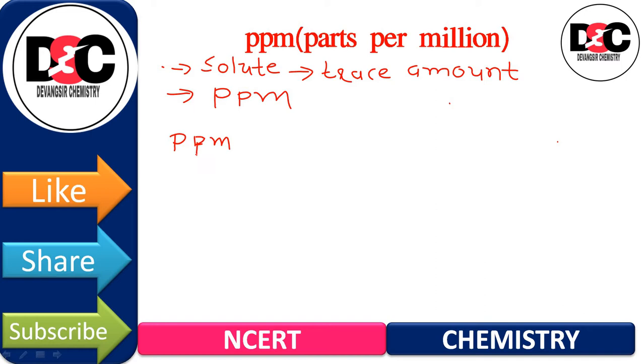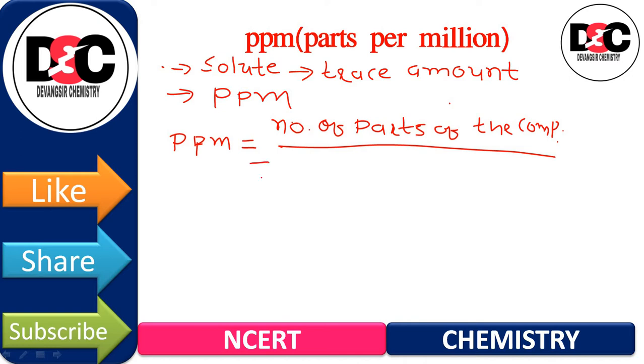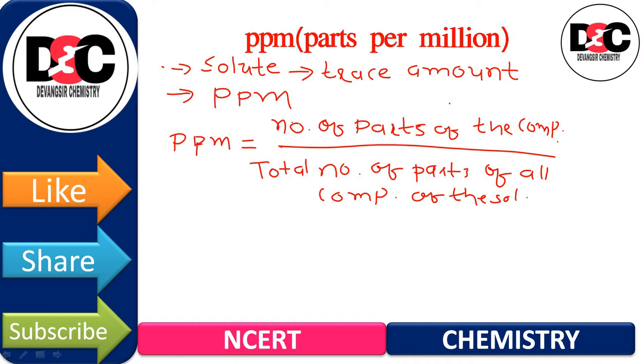ppm is equal to the number of parts of the component upon total number of parts of all components of the solution, multiplied by 10 raised to power 6.